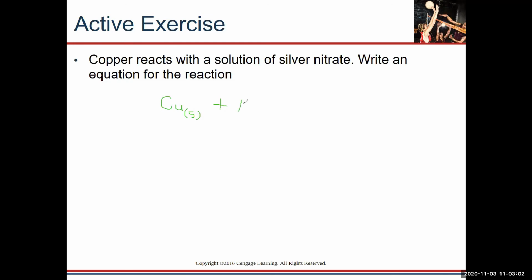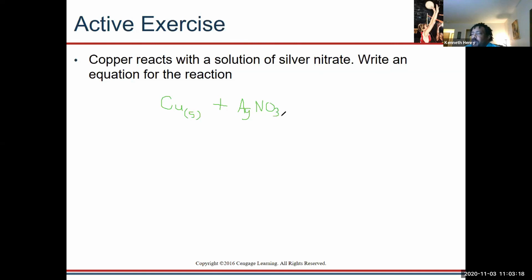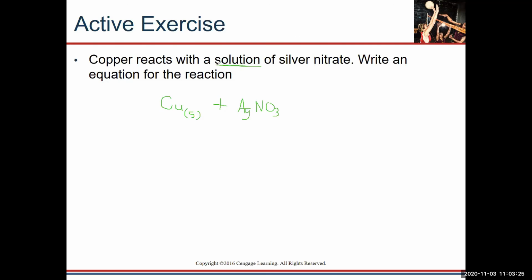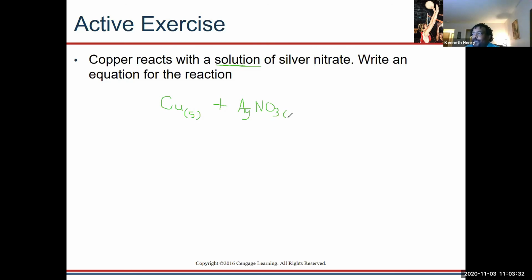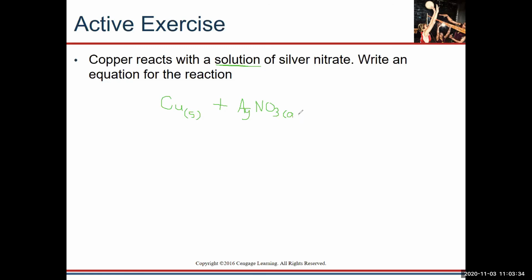Ag. Nitrate, where nitrate? NO3. Okay. Good job. Okay, solid, liquid, gas, or aqueous? Is it liquid? Aqueous. It's aqueous. Anytime you see solution, you always assume aqueous. Oh, okay.